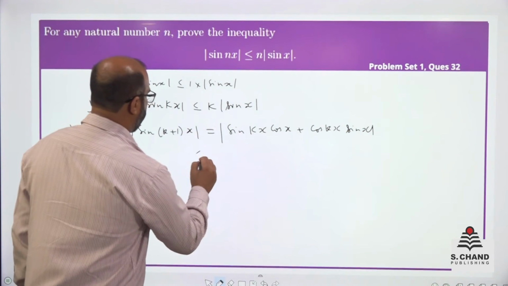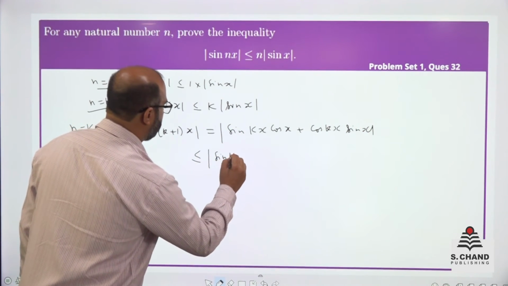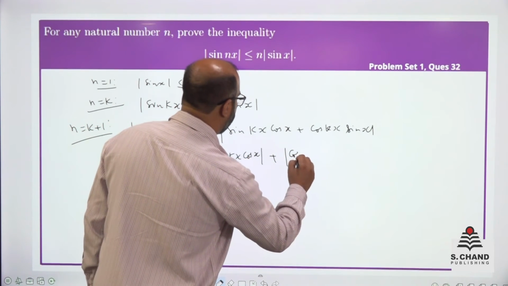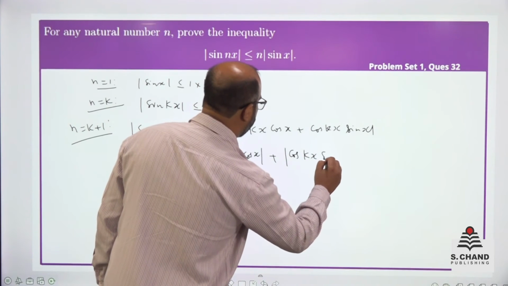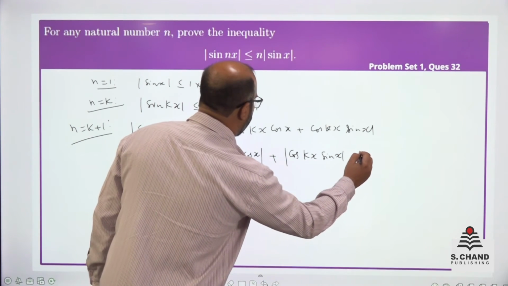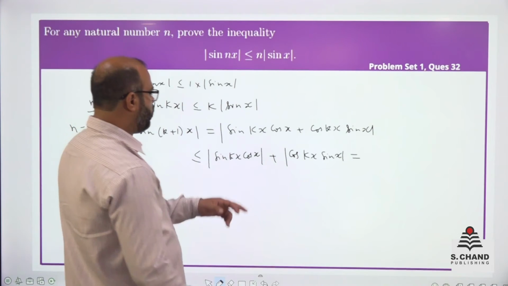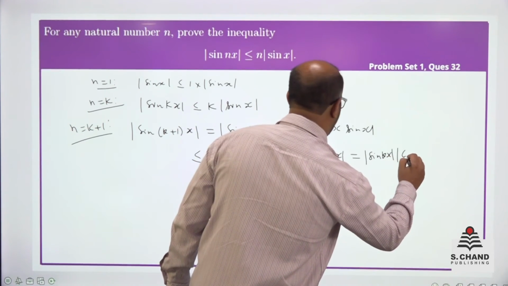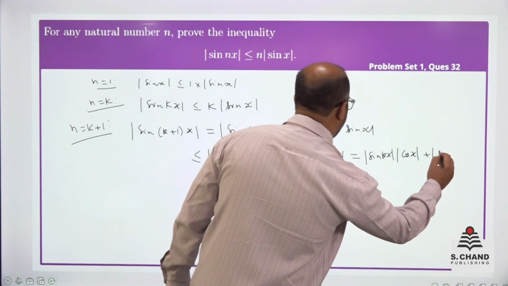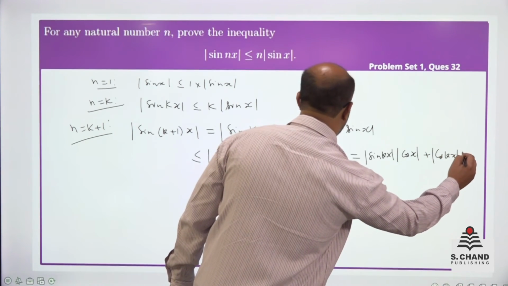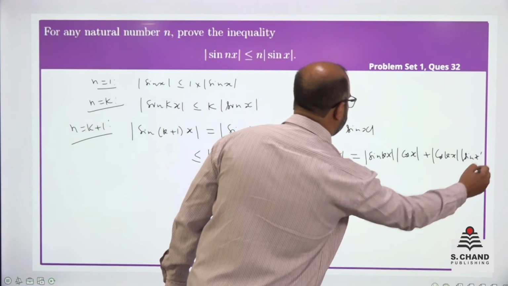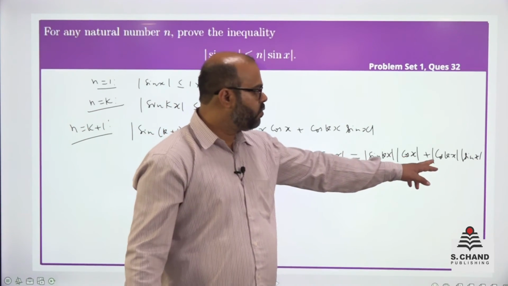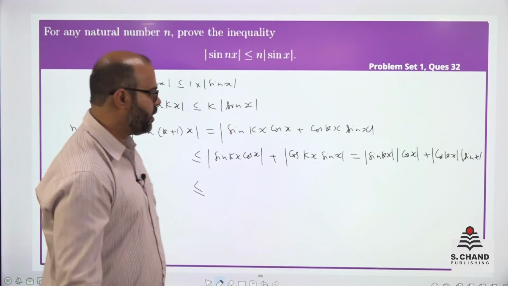Now this is less than or equal to mod of sin kx cos x by property of mod plus mod of cos kx sin x. Now this is equal to mod of sin kx into mod of cos x plus mod of cos kx into mod of sin x. Now we know that mod of cos x is less than or equal to 1 and mod of cos kx is also less than or equal to 1.